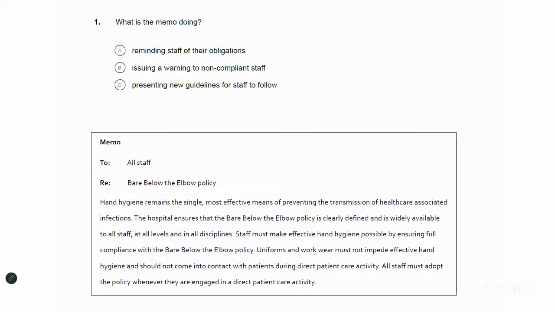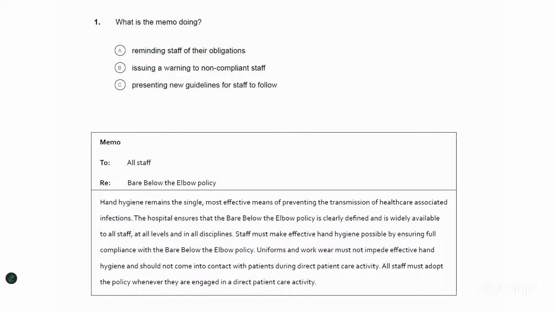Uniforms and workwear must not impede effective hand hygiene and should not come into contact with patients during direct patient care activity. All staff must adopt the policy whenever they are engaged in a direct patient care activity. So this is the information given.